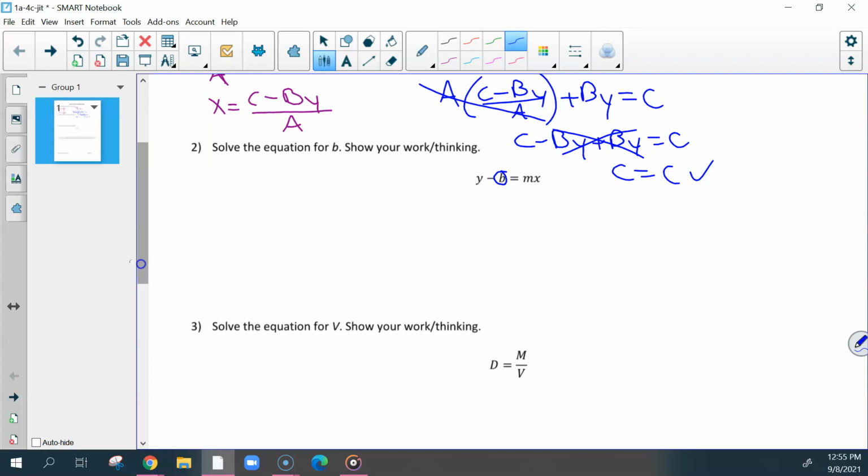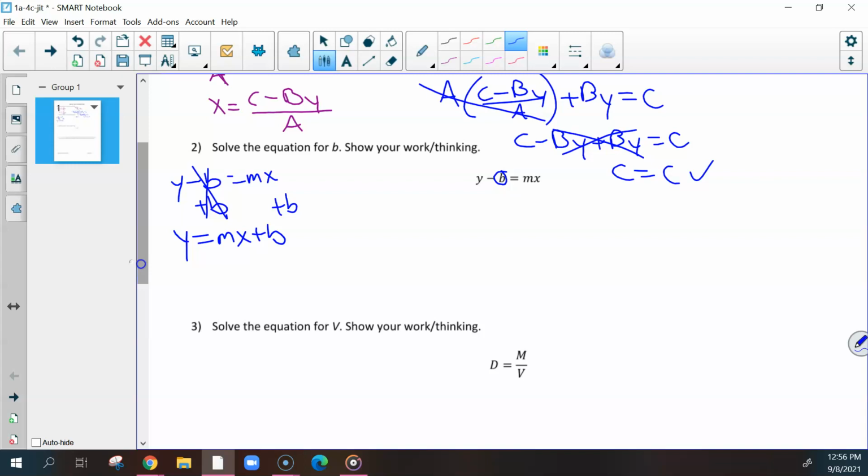Plus b. You could do it that way. This may not have been the way you thought about it, but this way does work. If we add b to both sides, that gets rid of this b on this side and moves my b to the other.